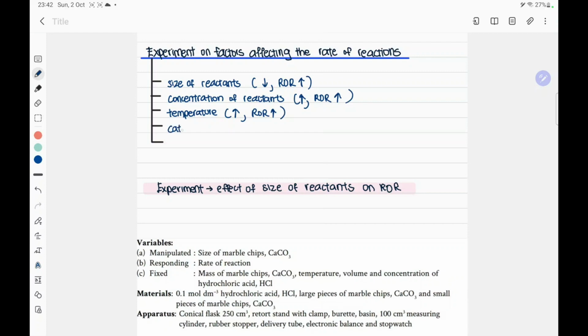Next we have the catalyst. When the catalyst is present, the rate of reaction becomes faster. And last but not least, we have the pressure. When the pressure increases, the rate of reaction increases. So these are the 5 factors that can affect the rate of reactions.